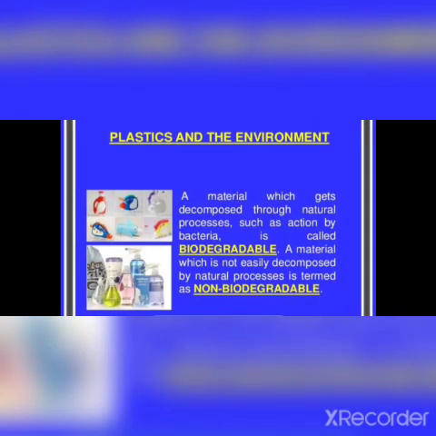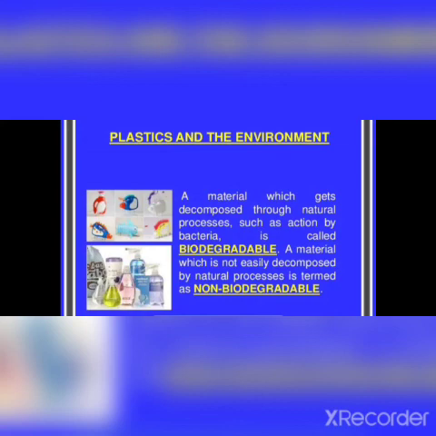Plastics and the environment. The substances or materials which get decomposed by the action of bacteria are called biodegradable substances. Example: animal waste, human waste, etc. A substance or material which does not get decomposed by the action of bacteria is known as non-biodegradable.